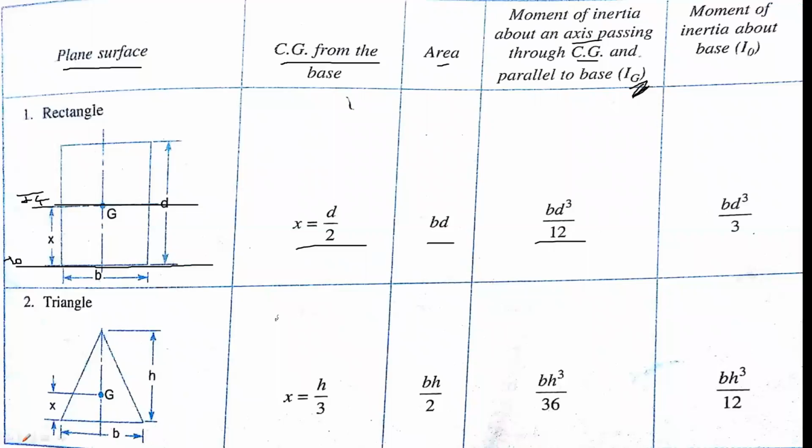So these are some standard formulae for the plane surface. For the rectangle, the formula is B D cube by 12. Okay. For the triangle, the formula is B H cube by 36. This is about center of gravity. Okay.